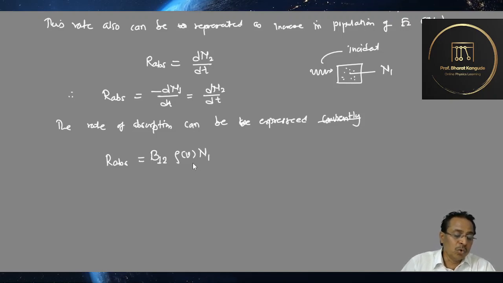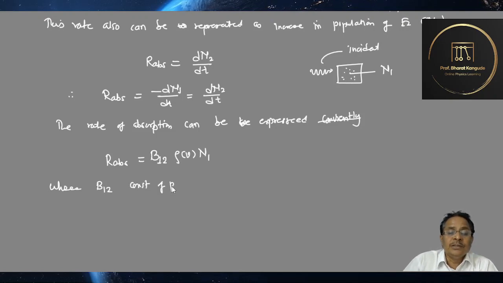So B12 rho nu N1, that is one expression, and this is the first coefficient we have written here, B12. It is a constant of proportionality.